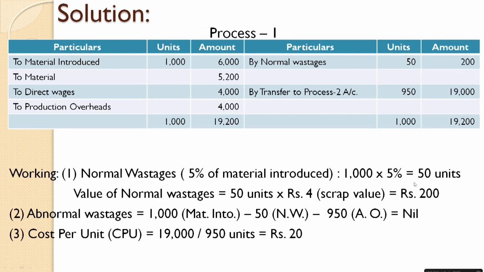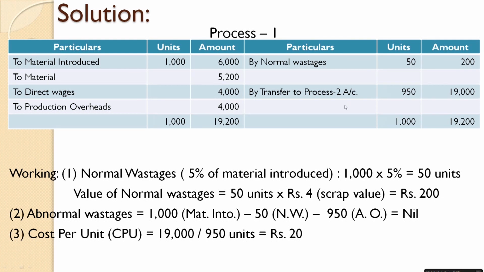Now the normal wastage can be calculated very simply. See the working second line: value of normal wastage is 50 units, scrap value rupees 4, so it comes to 200 rupees. That is why it would be recorded in the process account 1 by normal wastage in the units column 50 units and in the amount column rupees 200. So this is the way to determine the value of the normal wastage.